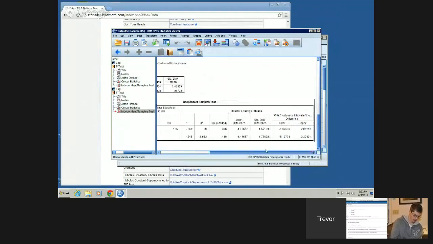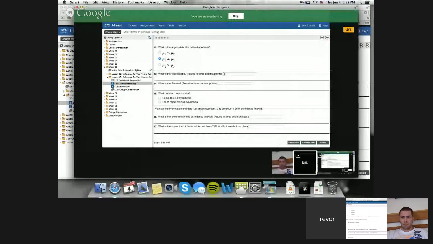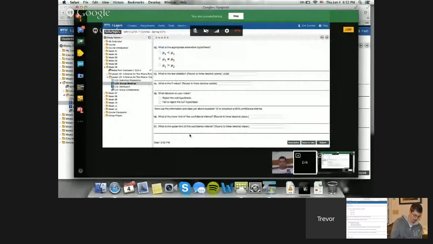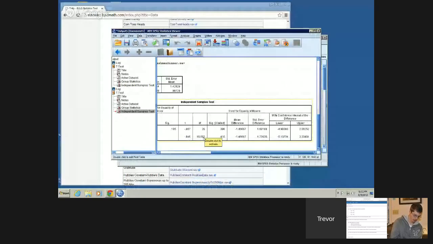I don't know why. It's negative 0.825, right? Okay, 845. What's the top one? Top one is 867. I'm going to try that one and see.